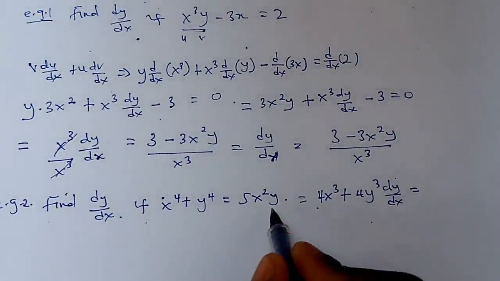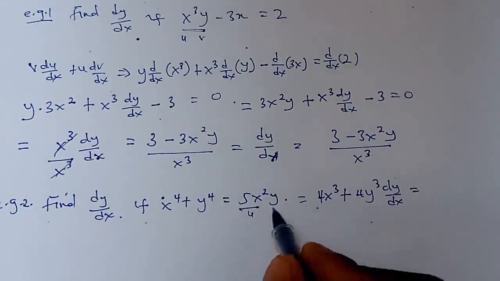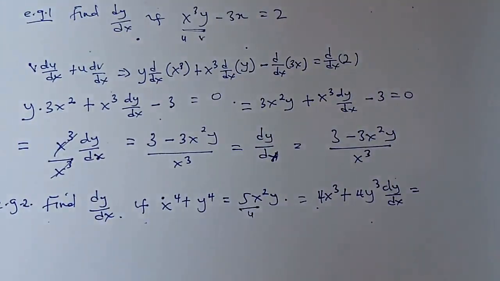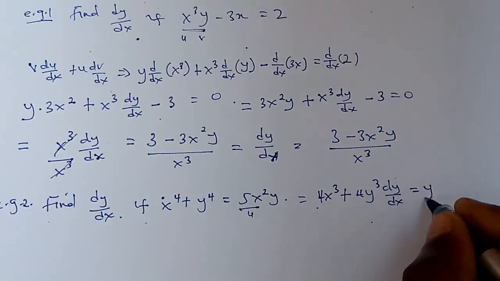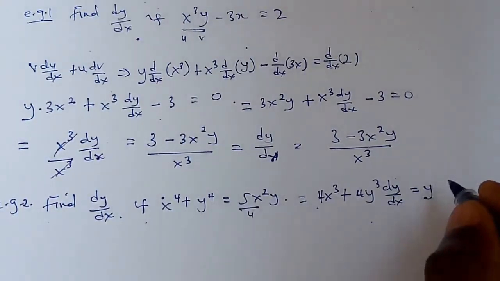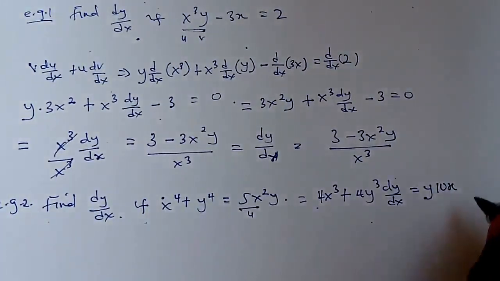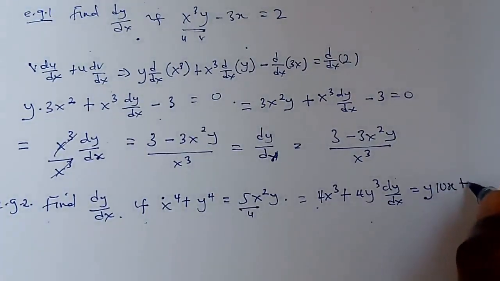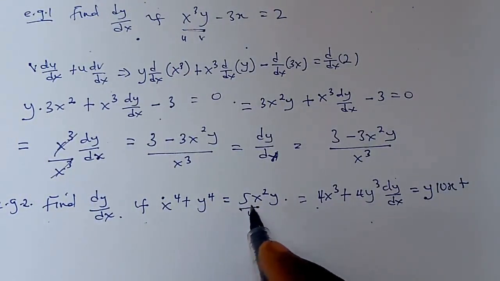this is the whole of this one. This one will be our u, and this y will be our v. So let's find v du/dx. So v du/dx, you're going to get y, and find the derivative of this one, which gives me 10x. So 10x, like this. Okay, and then plus, we are done with the v, so let's take u. What is our u?